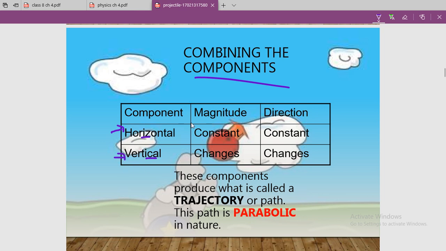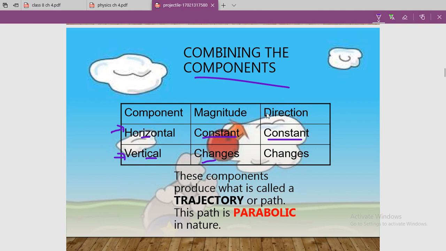If you are talking about the magnitude of these two, the magnitude of the horizontal component is constant throughout the motion, whereas the magnitude of the vertical component changes. About the direction, the horizontal component always has the same direction and it is parallel to the earth's surface.